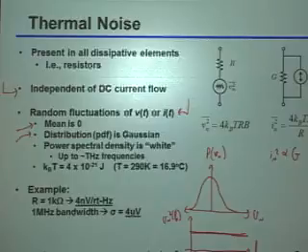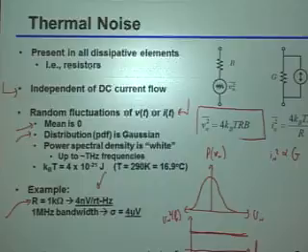So again, just to give you some examples in terms of real numbers, because these are useful to make sure that everything's understood. If I had a 1 kilo ohm resistor, then the noise density coming from that resistor would be 4 nanovolts per root hertz. Now, this unit sounds a little bit weird, but remember, we've said a couple times already that it's actually the variance that's proportional to both the resistance and the bandwidth.